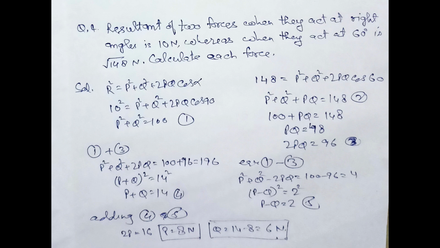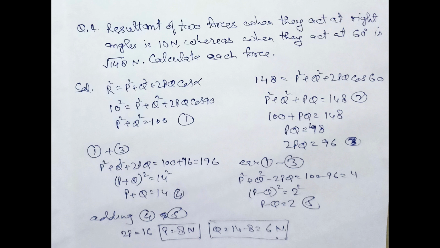Putting the value of P square plus Q square in this equation, we will get 100 plus PQ equal to 148, PQ equal to 48. If we multiply this equation by 2, we will get 2PQ equal to 96. Now adding equation number 1 and 3, we will get P square plus Q square plus 2PQ equal to 196, or we will say P plus Q whole square equal to 14 square, or P plus Q equal to 14.